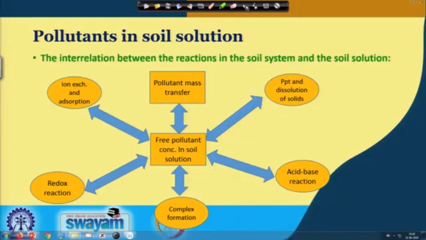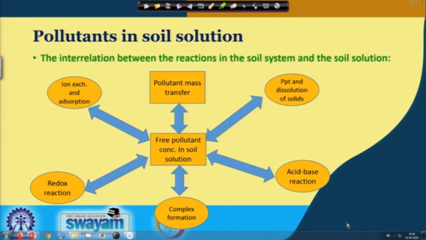So, in our first two lectures, we have started with the discussion with the pollutants in soil solution. I showed you this slide where I showed you how the free pollutant concentration in soil solution shows different dynamics, and they can be converted to different forms and vice versa.